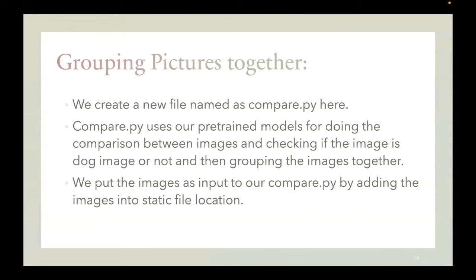We don't need to compile the main.py file again and again if we want to put in a different set of input images. We input the images that need to be detected and managed at the static file location in the project.